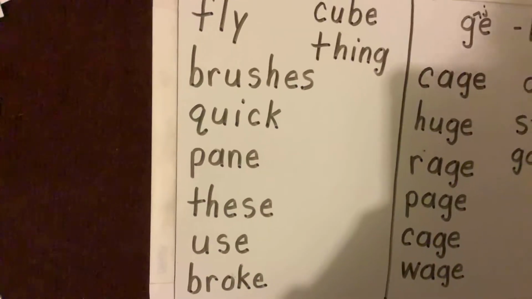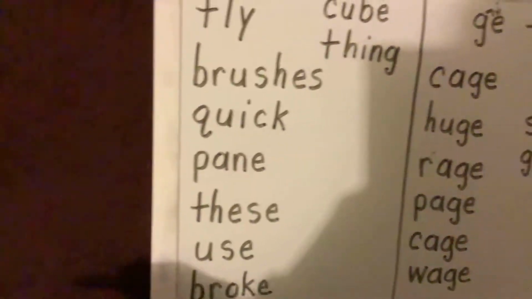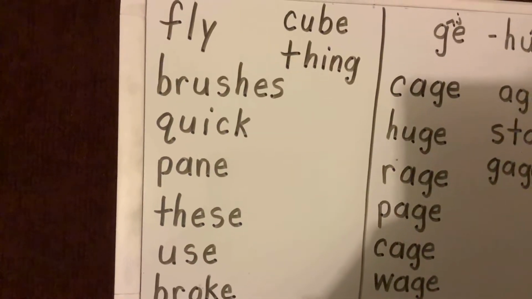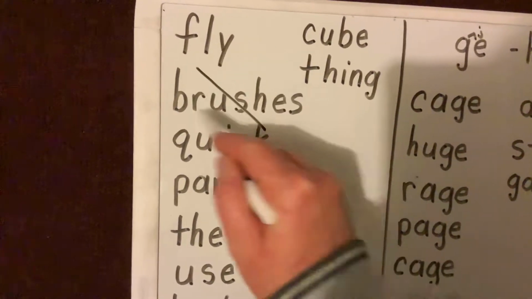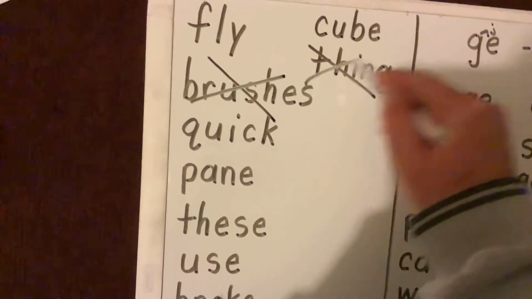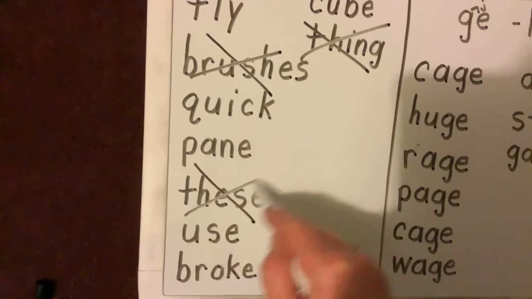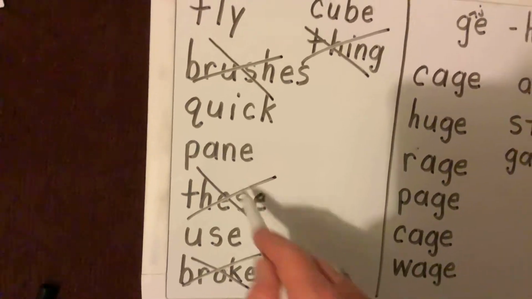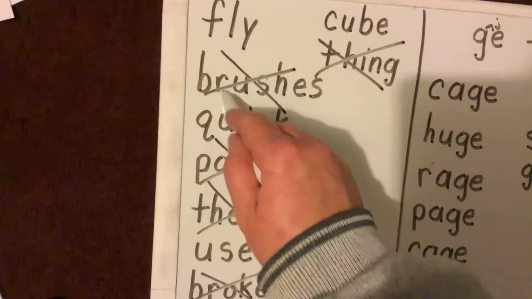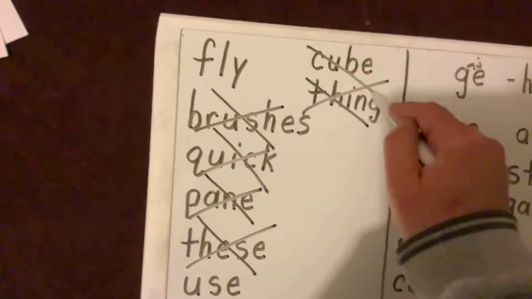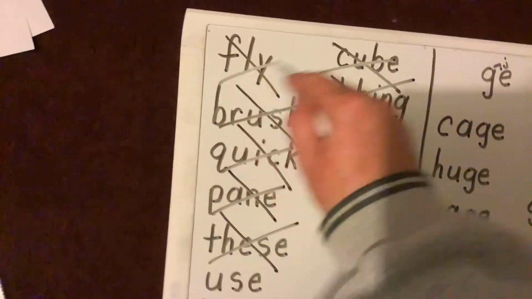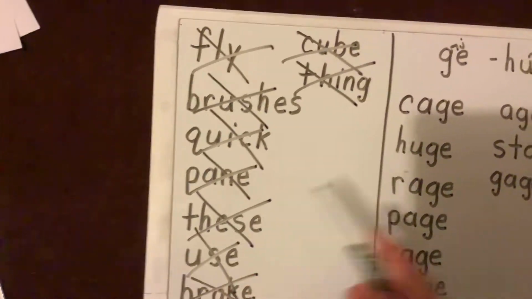Broke, it broke. This time I want you to shout the word out before I exit out. Brushes, thing, these, broke, pane, quick, cube, fly, use.